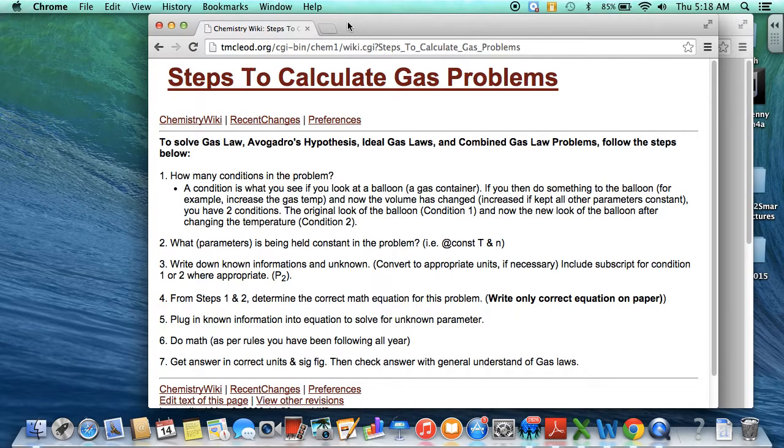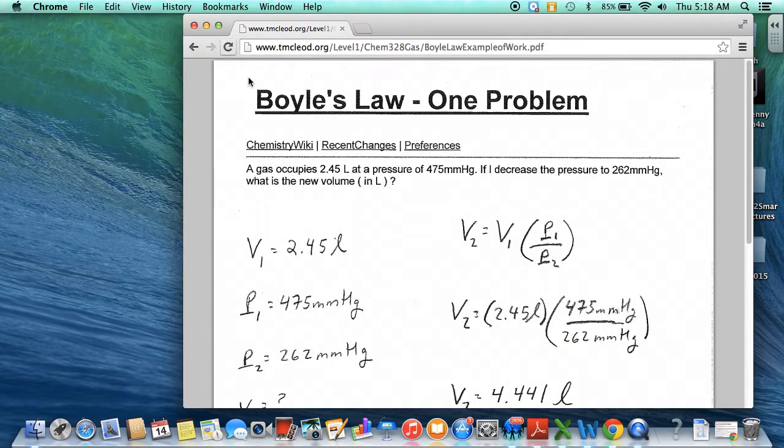So for this one, we're specifically looking at Boyle's law. You have to ask yourself: is Boyle's law one or two conditions? Boyle's law is a two condition problem. And you can see from the question that it says, if I decrease the pressure, there's my action verb, decrease.